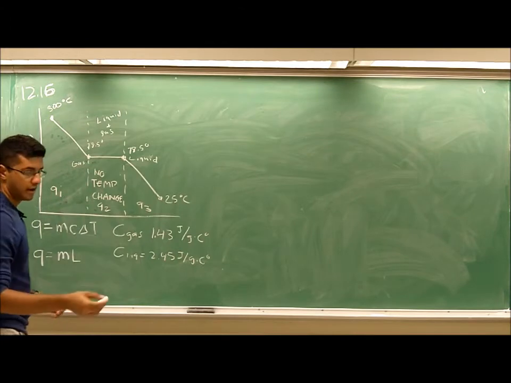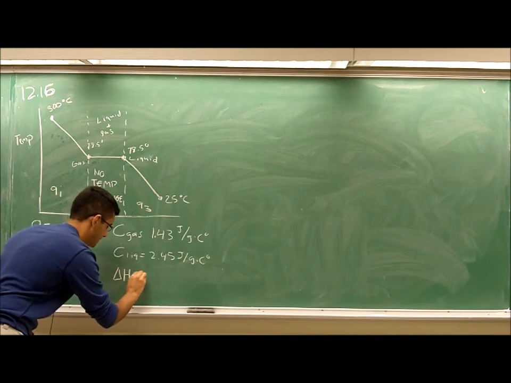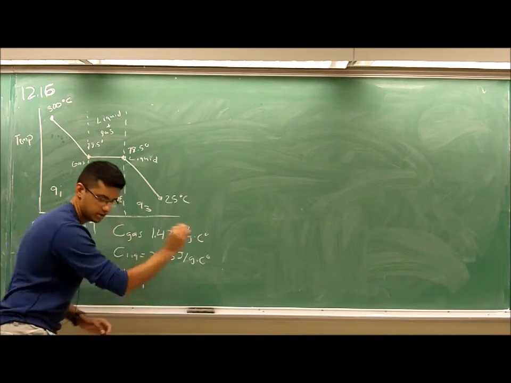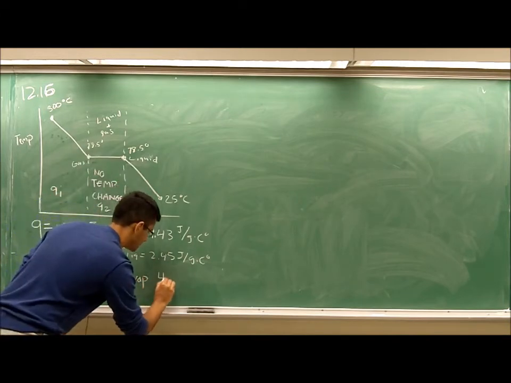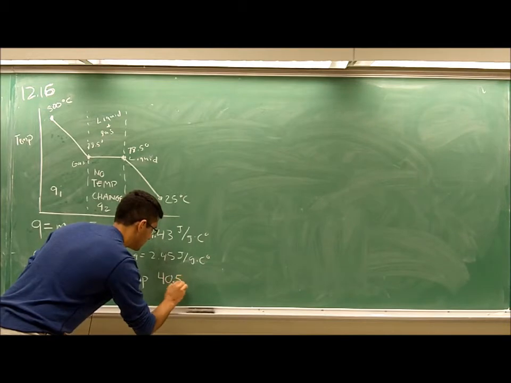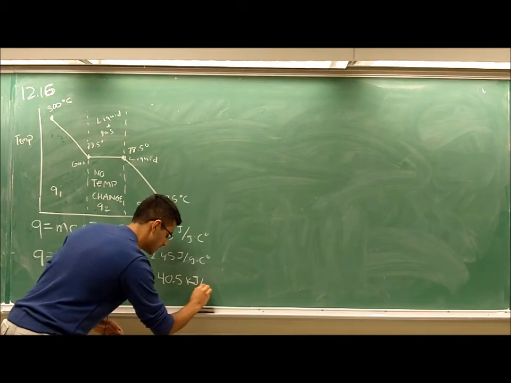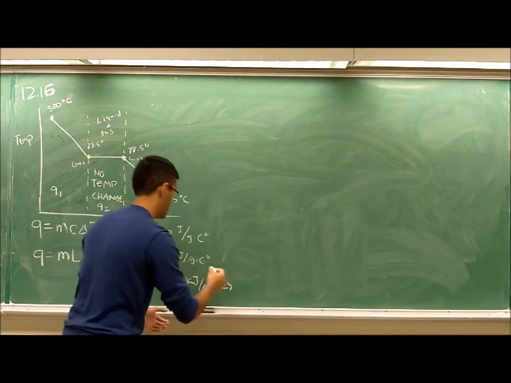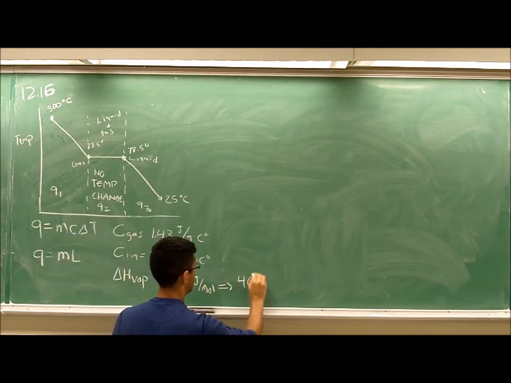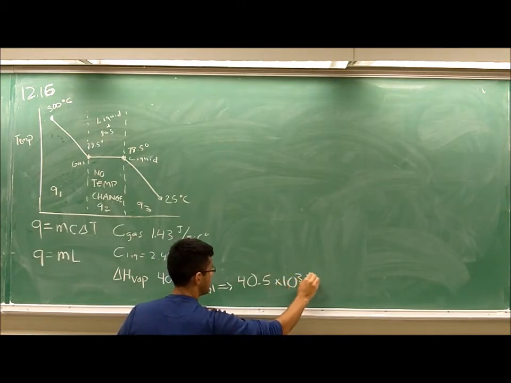And you're given the heat of vaporization, delta H vap, which is 40.5 kilojoules per mole. Since you want this answer in joules, it's crucial that you convert kilojoules to joules by just multiplying by 10 to the third joules per mole.